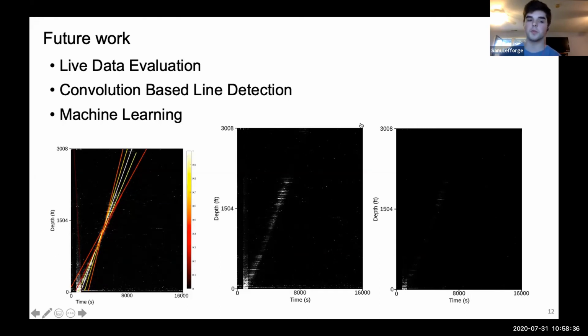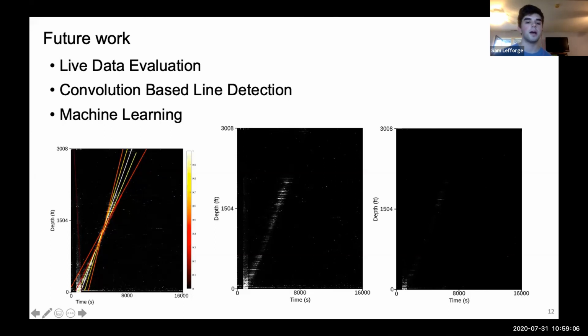And a very different approach would be to use machine learning, which would entirely eliminate the need for any sort of image processing. And this would be useful because when you convert this data to an image, you introduce a little bit of ambiguity. You can see these two images represent the same set of data, but they look entirely different just because for each of these images, I went about converting them to an image in a different way.